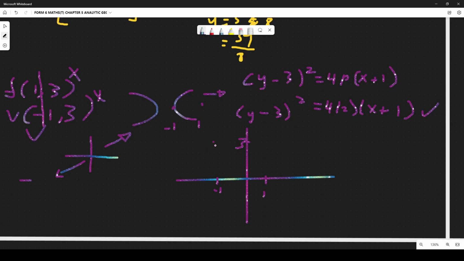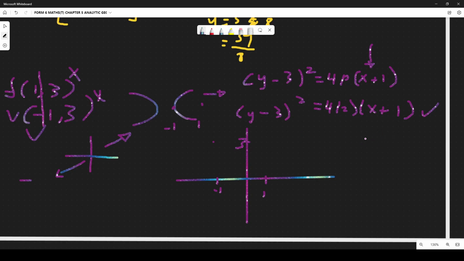Now I don't know whether it will go across this. Will it pass here, or will it go through here? I don't know yet. So for this type, I would recommend you find the y-intercept. How to find the y-intercept? The y-intercept is when x equals 0. So x equals 0, you get 4 times 2 times 1, that's basically 8.